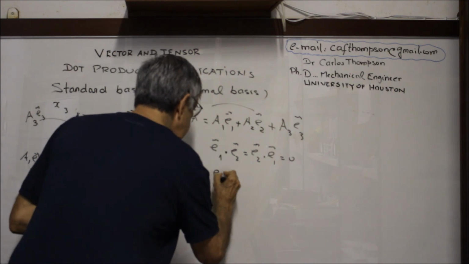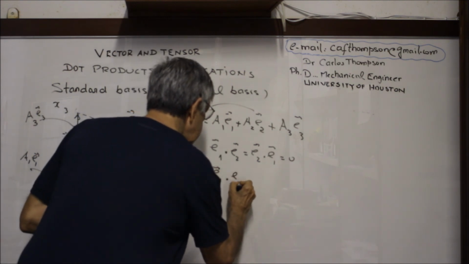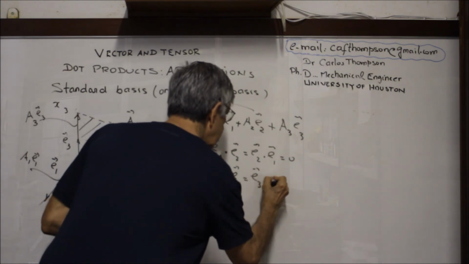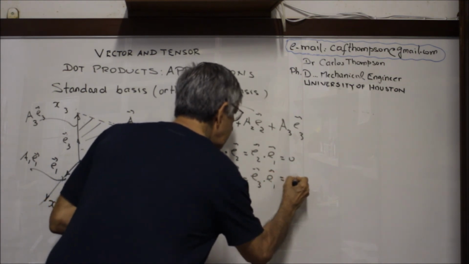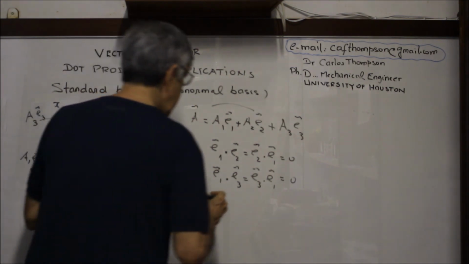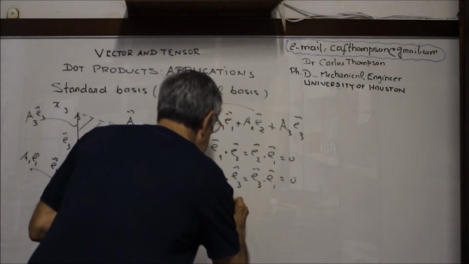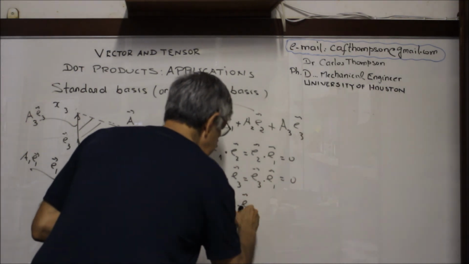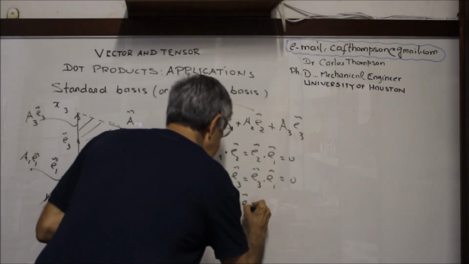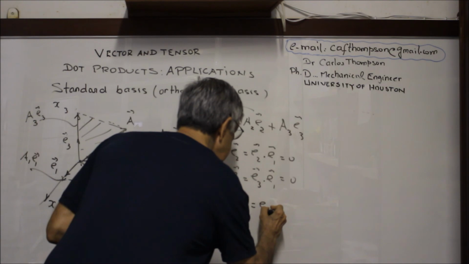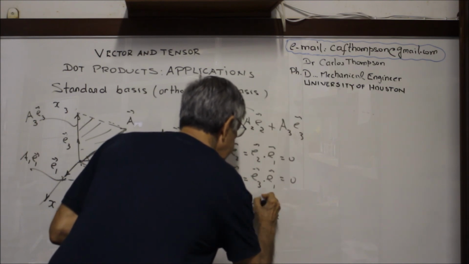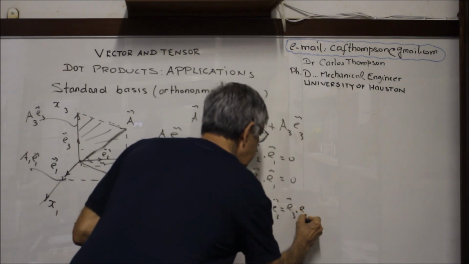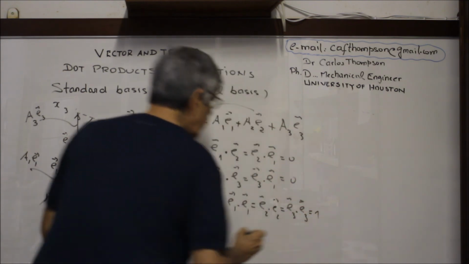Now, E1 dot E3 is equal E3 dot E1 is equal 0. Now, E1 dot E1 equal E2 dot E2 is equal E3 dot E3 is equal 1.